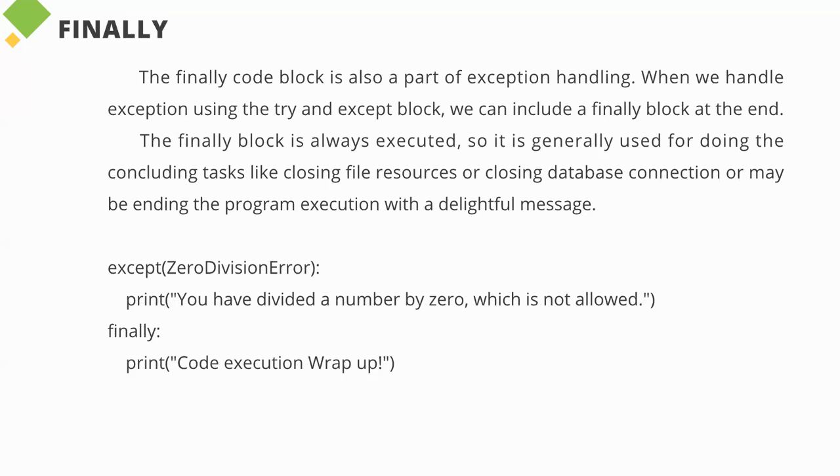But the real and original use case of the finally block is that whatever happens in the try or except, whether an exception occurs or not, the finally block will always be executed. Finally must and should execute when the program runs.